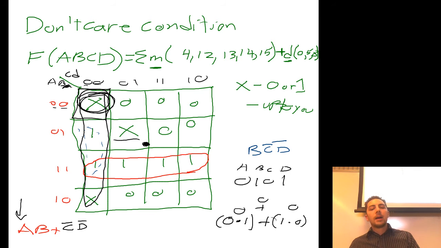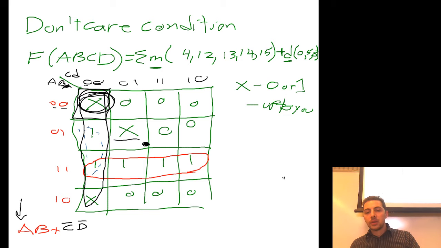Okay? Now, that's not the only way I could have solved this. I'm going to need a little more space here, so let's clear this out. Instead of circling that vertical grouping there, I could have just as easily circled this group of 4. That would have given me the following. I'd still have A and B, but now I would have B ANDed with C bar.